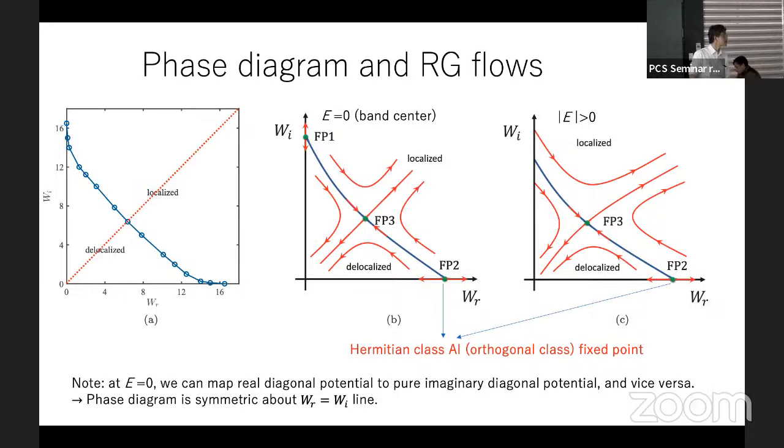In the standard Anderson transition in the Hermitian case, you have a field theory of the Anderson transition based on the nonlinear sigma model, with the standard RG procedure, which involves a partial summation of degrees of freedom in the sigma model and then a rescaling of the length.